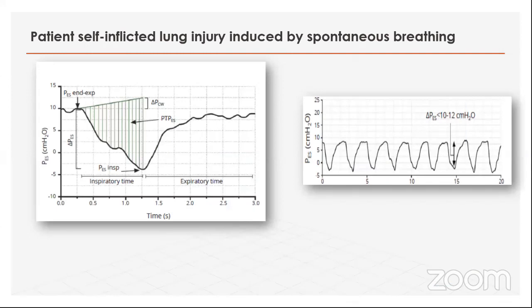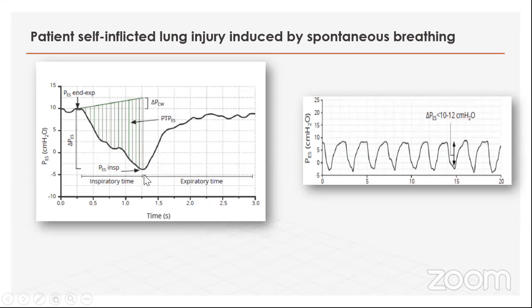Why are we very cautious about the work of breathing? You have to assess and know the current status of the work of breathing, or patient inspiratory effort, because, as you heard about patient self-inflicted lung injury due to spontaneous breathing, this can happen either when the patient breathes spontaneously or when he is already on assisted breathing by NIV, high flow nasal cannula, or CPAP. It is related to the esophageal pressure swings, which is the drop from end-expiratory to end-inspiratory esophageal pressure.